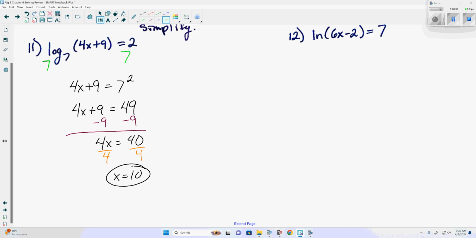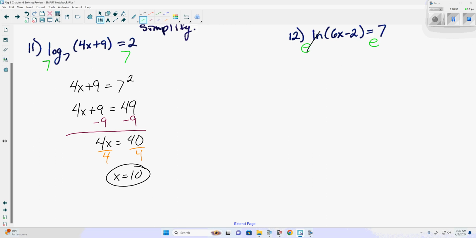Because if you have log with a base or just log, we're going to get a precise answer, because it's a number to a power, yes? Natural logs, we are not. Because if we look at the next one, 12, ln of 6x minus 2 is equal to 7. Log's already by itself. Now we're going to put both sides to the base of what? E. Because the natural log is e.